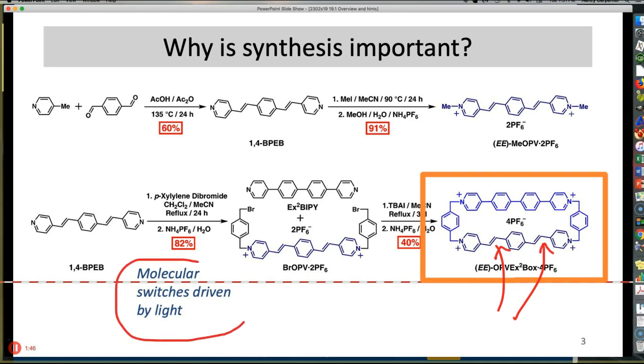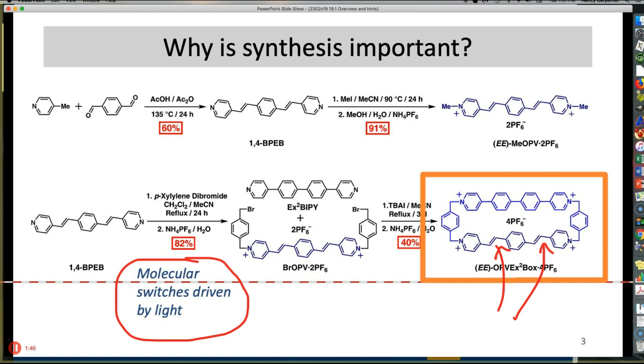And because of those double bonds, these researchers have built this molecule as a molecular switch that can change conformation when it's hit by light, changing from the EE to the EZ or the ZZ, and that change in conformation allows it to do special things like act like a switch. So a lot of promise for using that in all kinds of applications.